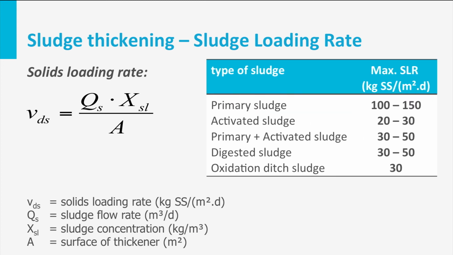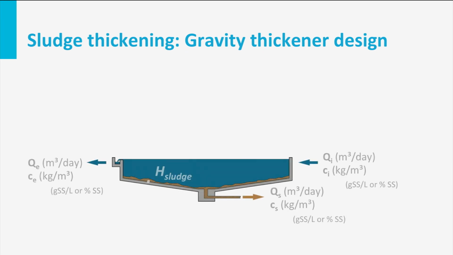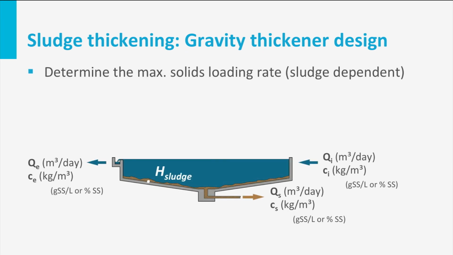The applicable maximum solids loading rate largely depends on the nature of the solids, as indicated in this table. The design of a gravity sludge thickener is determined by the maximum solids loading rate. In addition, the solids retention time, or SRT, is an important design criterion of the gravity thickener.